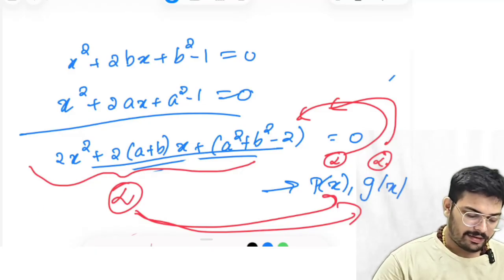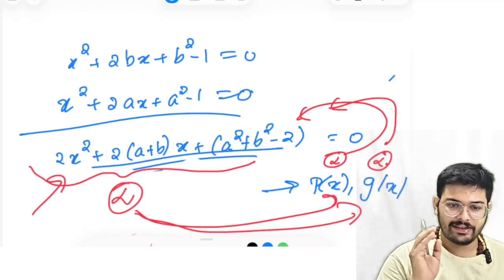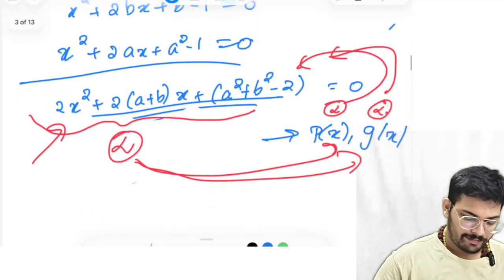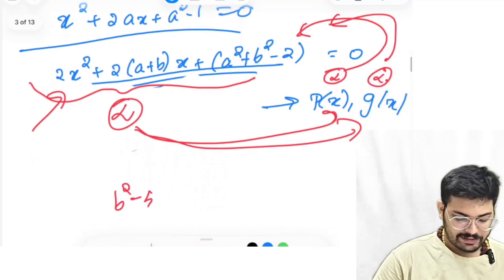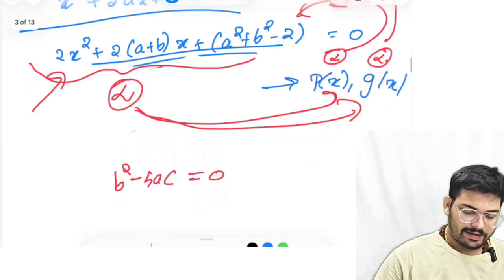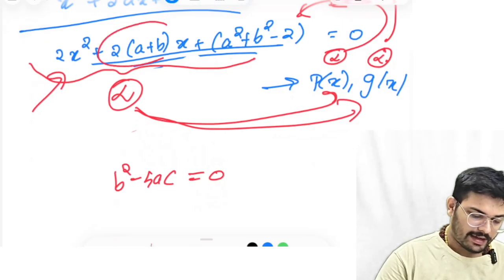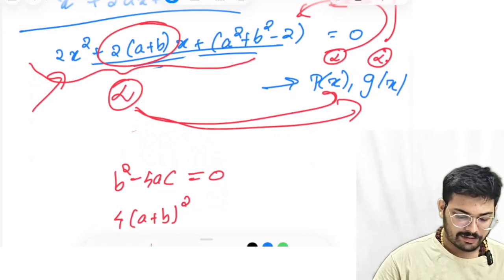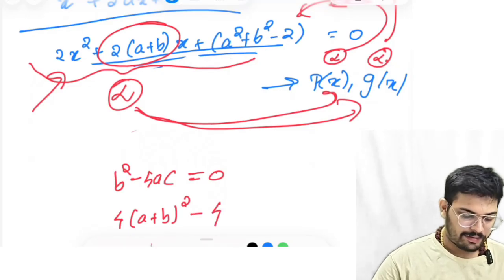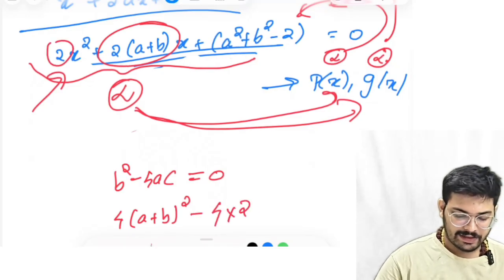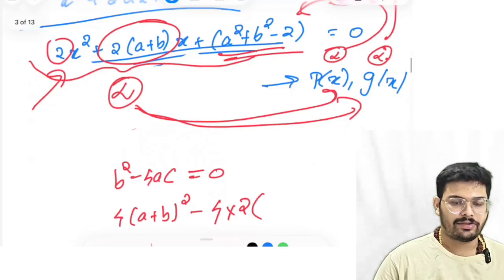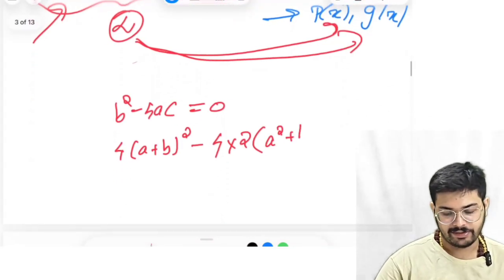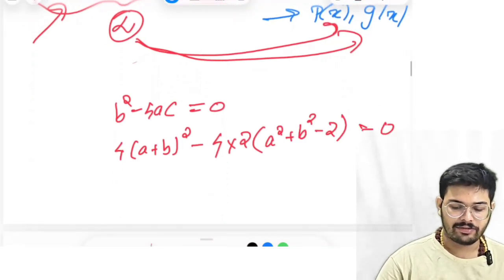That's why we will be equating b square minus 4ac, that is the discriminant of this quadratic equation, with 0. That means b square minus 4ac will be equal to 0. Now what is the value of b? B is actually 2 into a plus b, so it will be 4 into a plus b the whole square, minus 4 into a value is 2 and c value is a square plus b square minus 2, equal to 0.